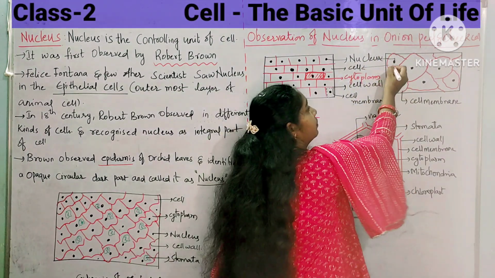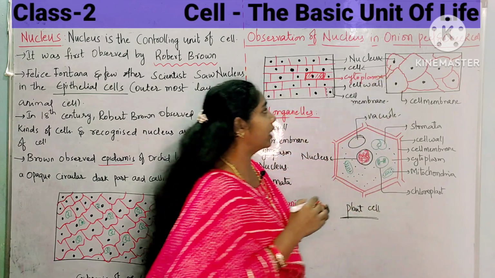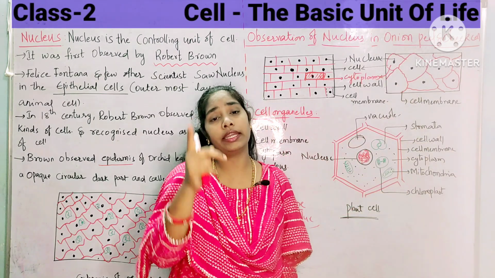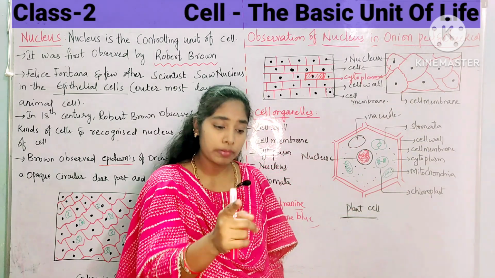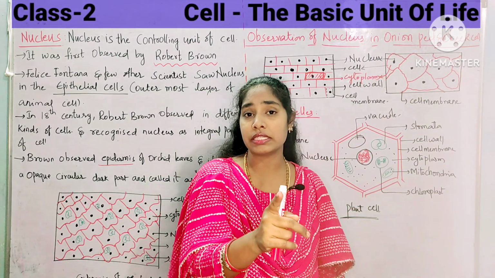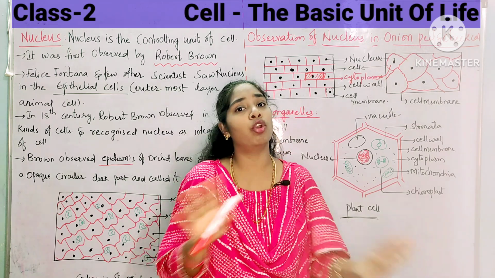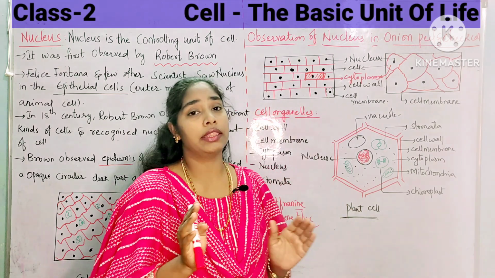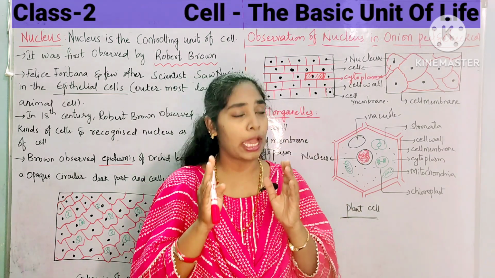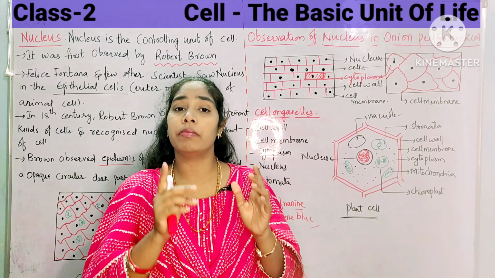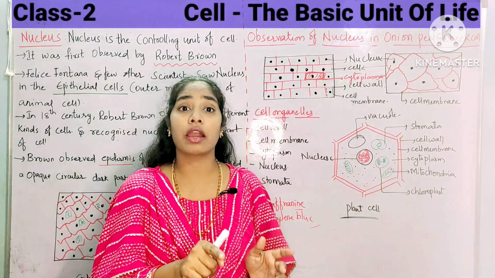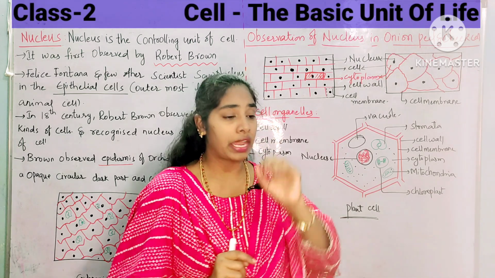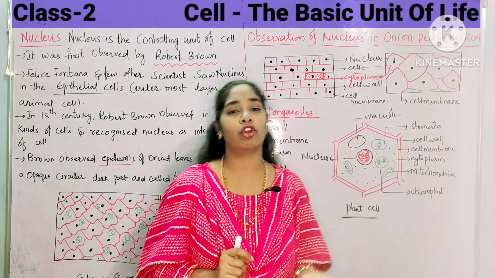Here you find this part is called cytoplasm, and here it is a cheek cell, meaning it comes under animal cell. An animal cell must have a cell membrane but no cell wall, so it must be clear to you that the cell wall is completely absent in animal cells. All animal cells are covered by a layer called the cell membrane, whereas the plant cell cannot move.